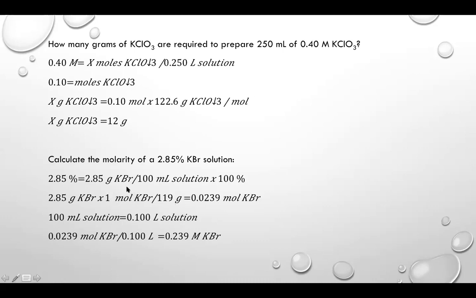So you want your moles on the top and your grams on the bottom. And so instead of multiplying, we're going to divide 2.85 grams by 119 grams. And when you are finished, you'll get 0.0239 moles of potassium bromide.